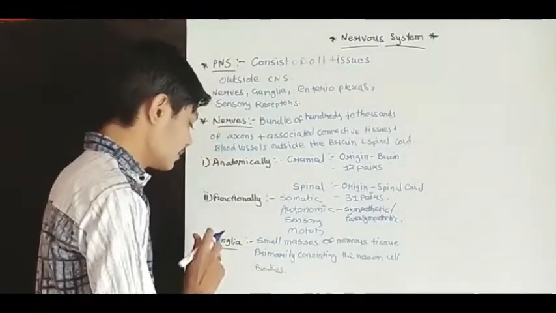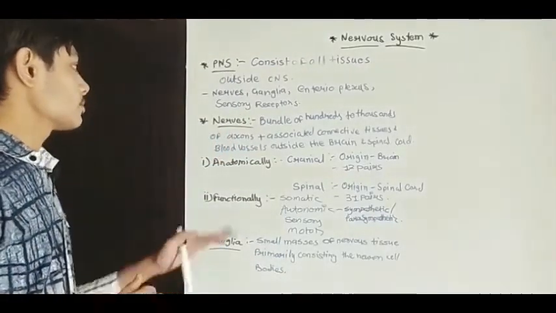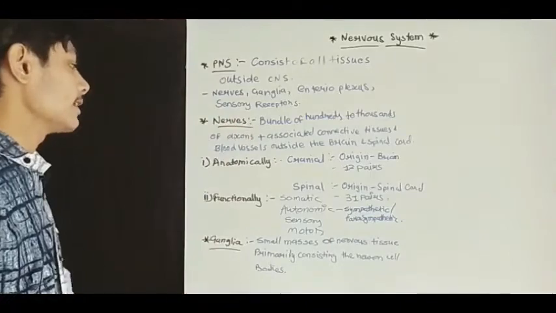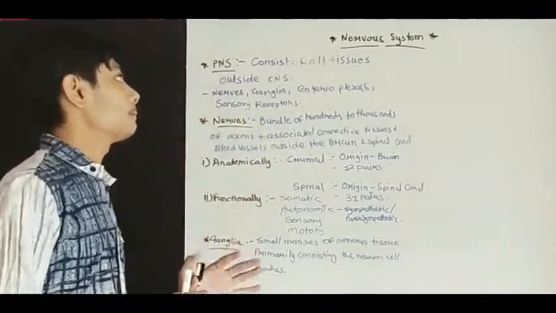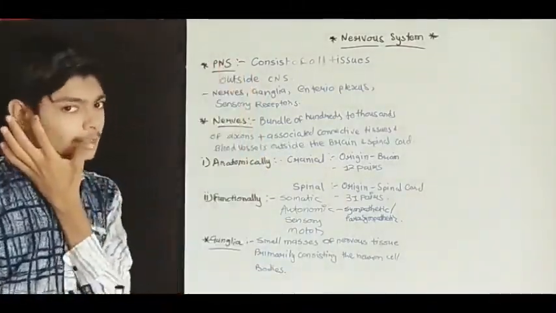They are called the ganglia. So this is nerves and ganglia, which are the parts of the peripheral nervous system.